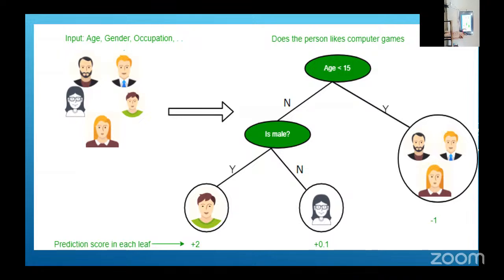For age less than 15, this is S. For age less than 15, these two images will come under that. Is it right? By seeing the features, we can tell which images come under age less than 15. Age greater than 15, here we will get these images.